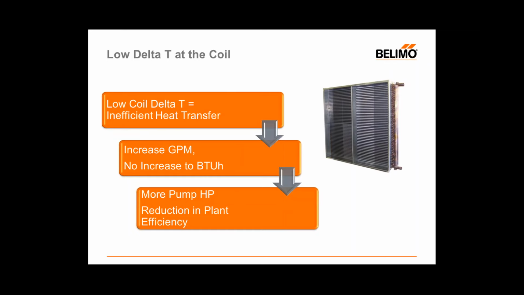And then the lower delta T and increased flow tend to have a reduction in the efficiency of our plant, whether it be in a chiller environment or, as we discussed earlier, there's benefits as well in condensing boilers.